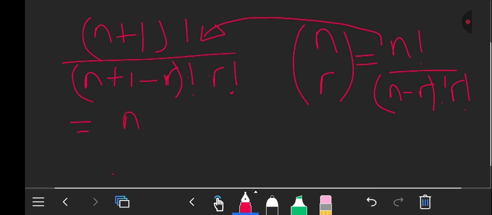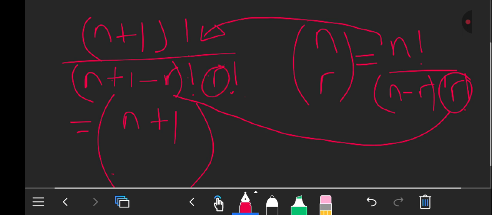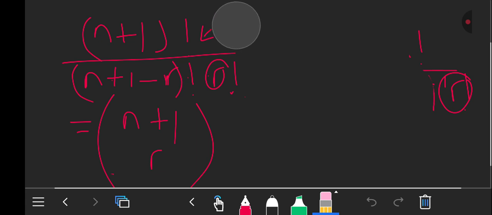So this is the same as saying n plus 1 combination r, where our r in this case is the same r we have. So our r is still r there.